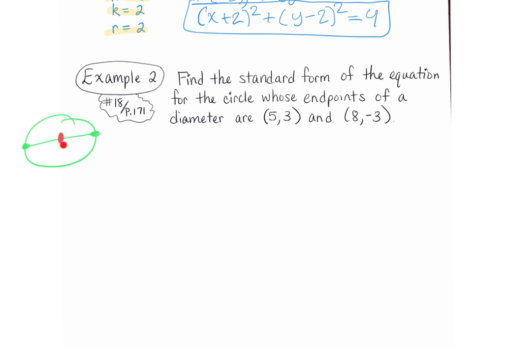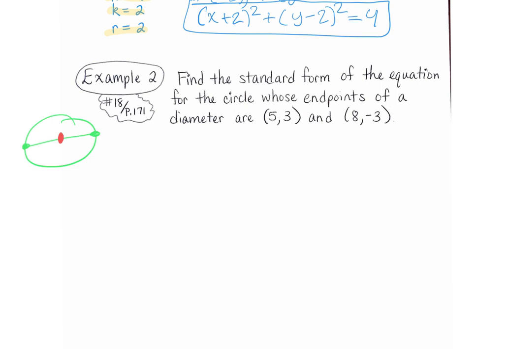So if we find this midpoint, we found our center, right? What do you need for a circle? A center and a radius. But let's write down our equation first.